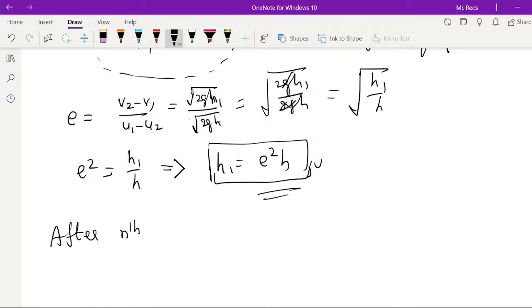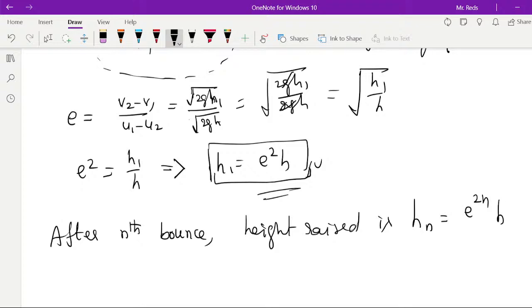After nth bounce or collision, the height raised hn is equal to e power 2n into h. This general relation you have to make use of, guys. This is a very important relation. Remember, there are so many other related applications out there.